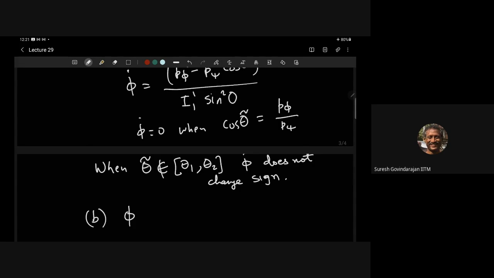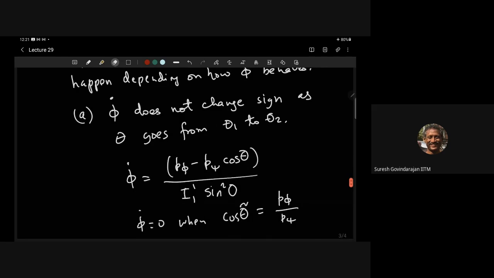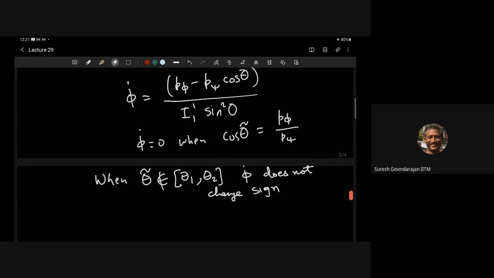Is this clear? So I'll draw a picture now before I go. This is what I wrote here, right? Phi dot does not change sign. Okay, so this theta tilde better be outside that range.